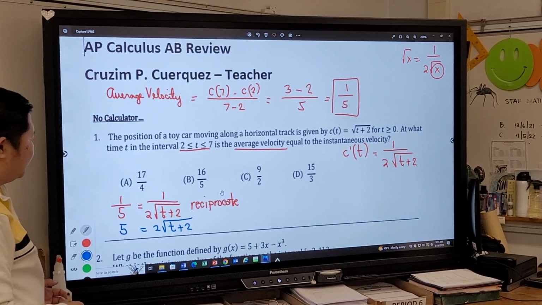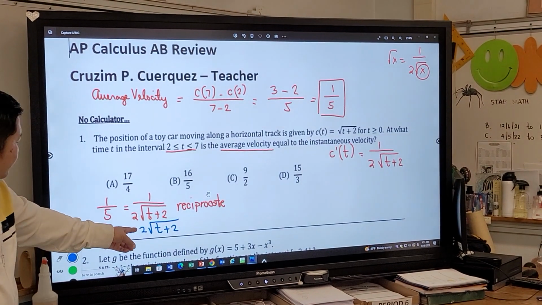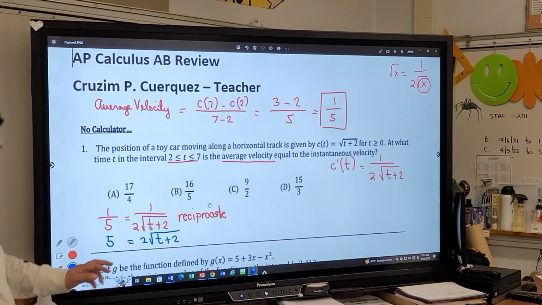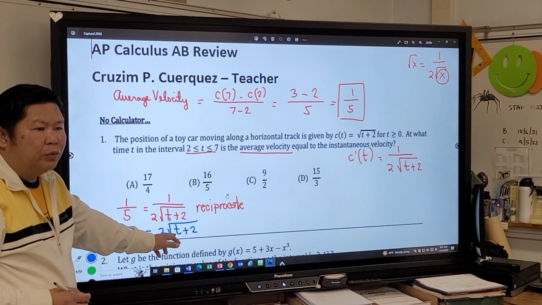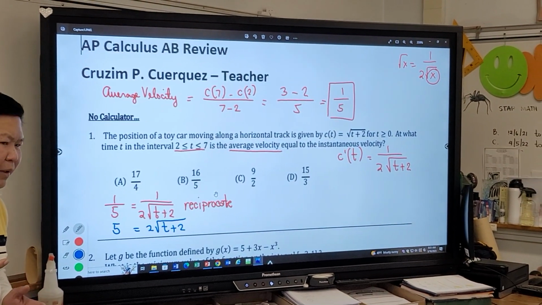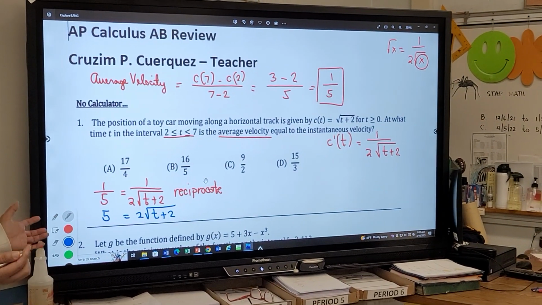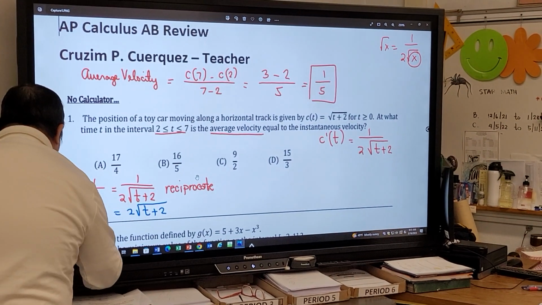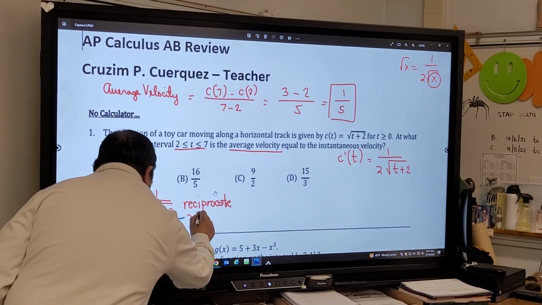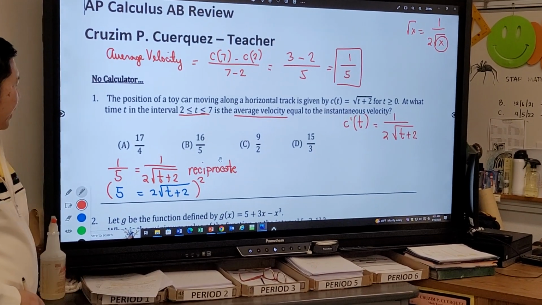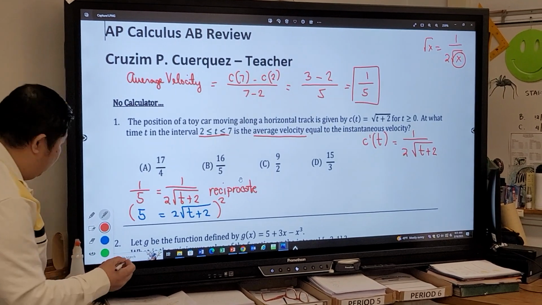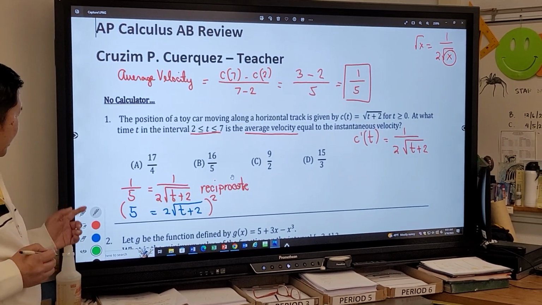And then what we do now, in order to get rid of the radical. Okay, say it loud, Dahlia. Square both sides, right? So we square both sides. Okay, so that becomes now, can I use another color? I'll use green.